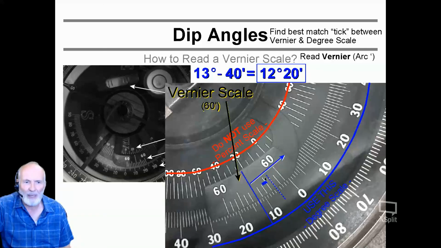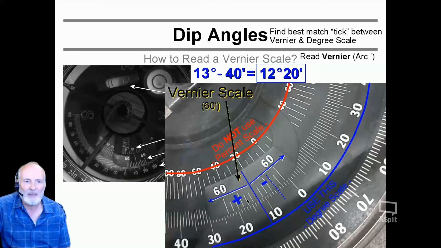Now, by the way, if you go in this direction, you're going to subtract from the higher of the two numbers it sits between. So if you go in this direction and your perfect match is here, like we have it, I would then subtract that from the higher, which was 13, of the two numbers my actual degree line sits in between.